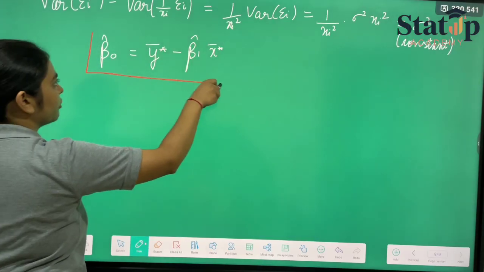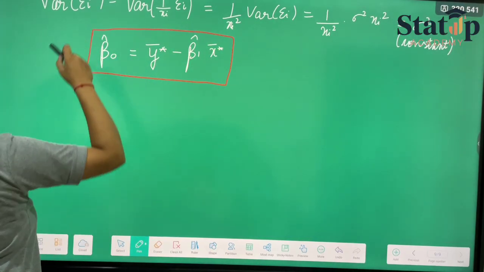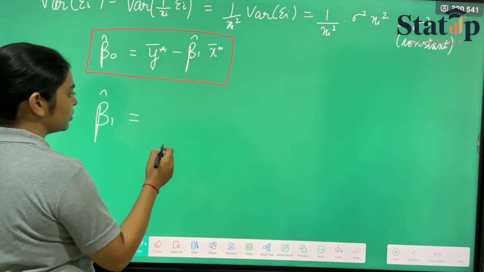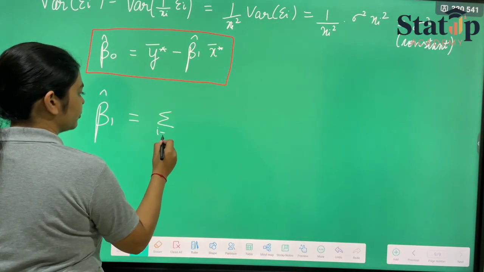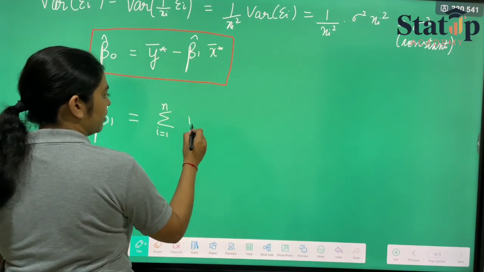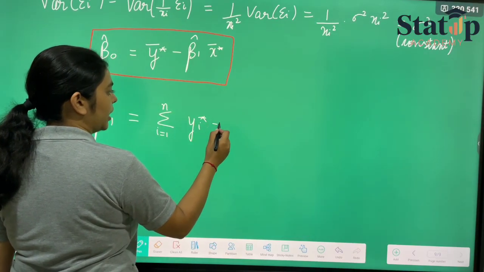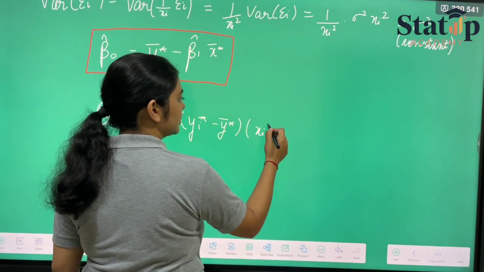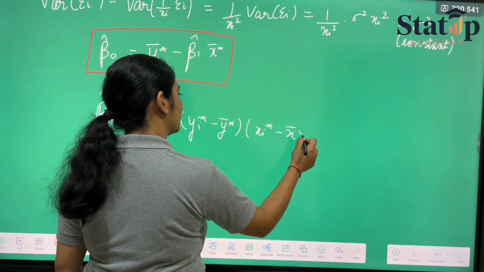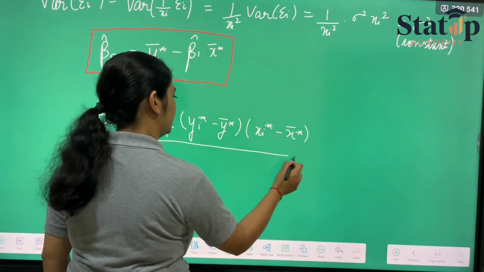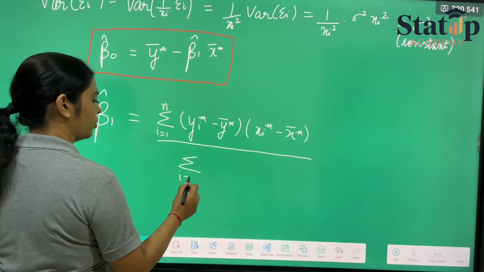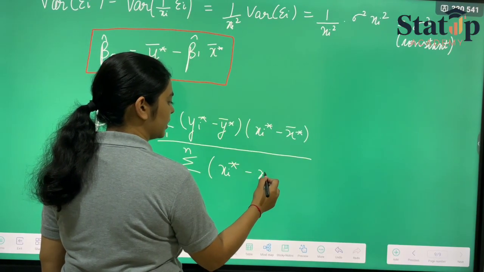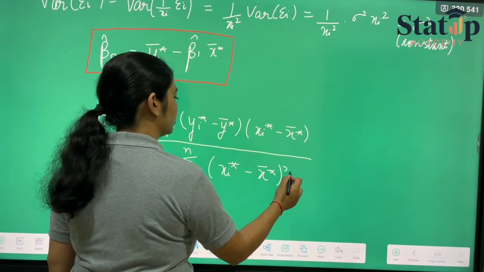This is the first estimator, and beta 1 cap is equal to summation i goes from 1 to n of yi star minus y bar star into xi star minus x bar star upon summation i goes from 1 to n of xi star minus x bar star whole square.